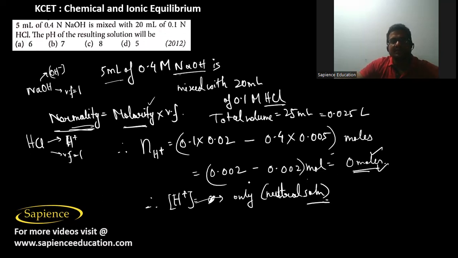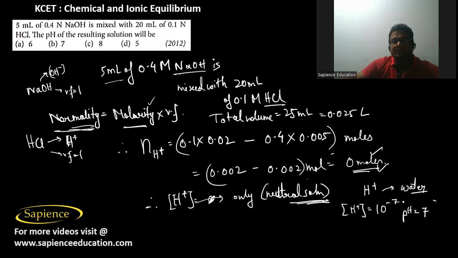It means we should take only the H plus ion which is coming from the water itself. So it is obtained from the neutral solution. So H plus ion concentration will be 10 power minus 7 only. So the pH will be equal to 7, which is for a neutral solution. So option B is the correct answer.